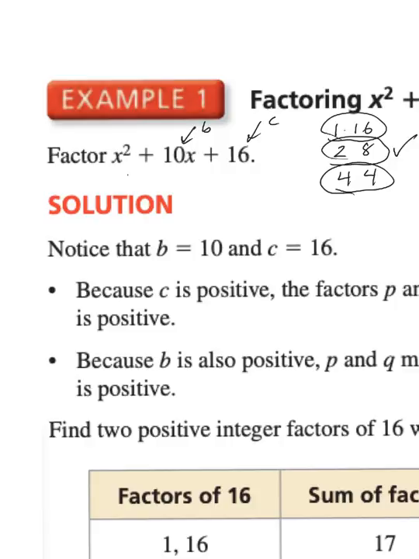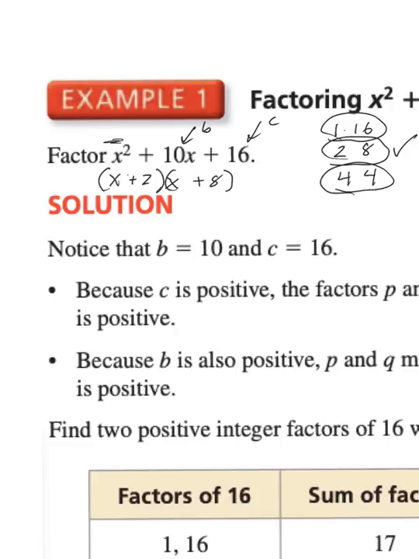So I'm going to use that 2 and the 8 to create the factors that created this. I'm going to put two parentheses down for my binomials. I'll put an x and an x first because those first terms multiply to become that x squared. And then I'm going to put the plus 2 and then the plus 8 here.